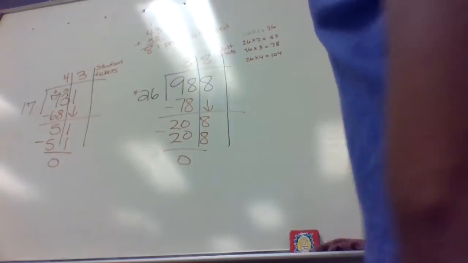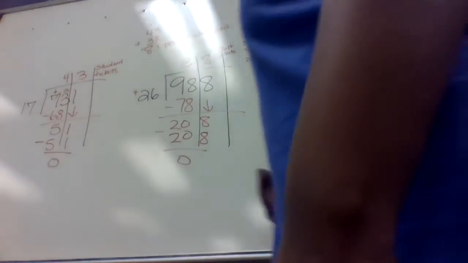All right, it says a sporting goods company ships their baseballs in cartons that hold 48 balls. How many cartons will they need to ship 1,400 baseballs? All right, so we have a total of what? 1,400.